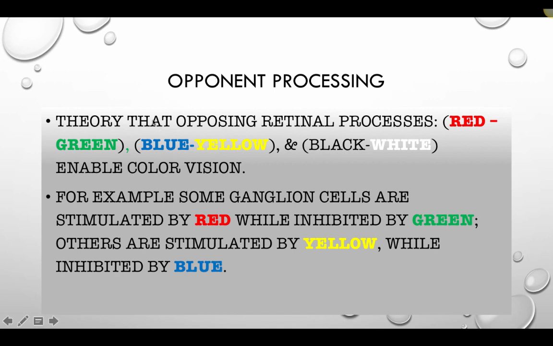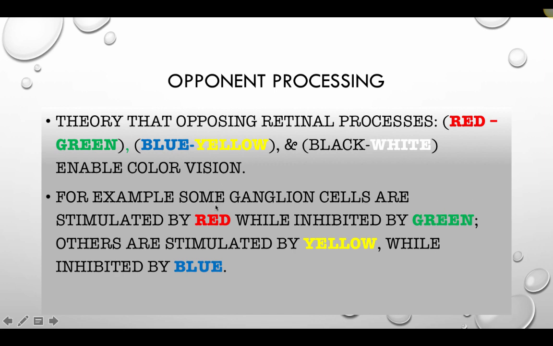This theory, proposed by Ewald Hering, suggests that after signals leave the cones, color is processed in the ganglion cells in opponent pairs. Those pairs are always the same: red or green, blue or yellow, black and white. For example, some ganglion cells in an opponent processing pair are stimulated or excited by red, and they're inhibited by green.